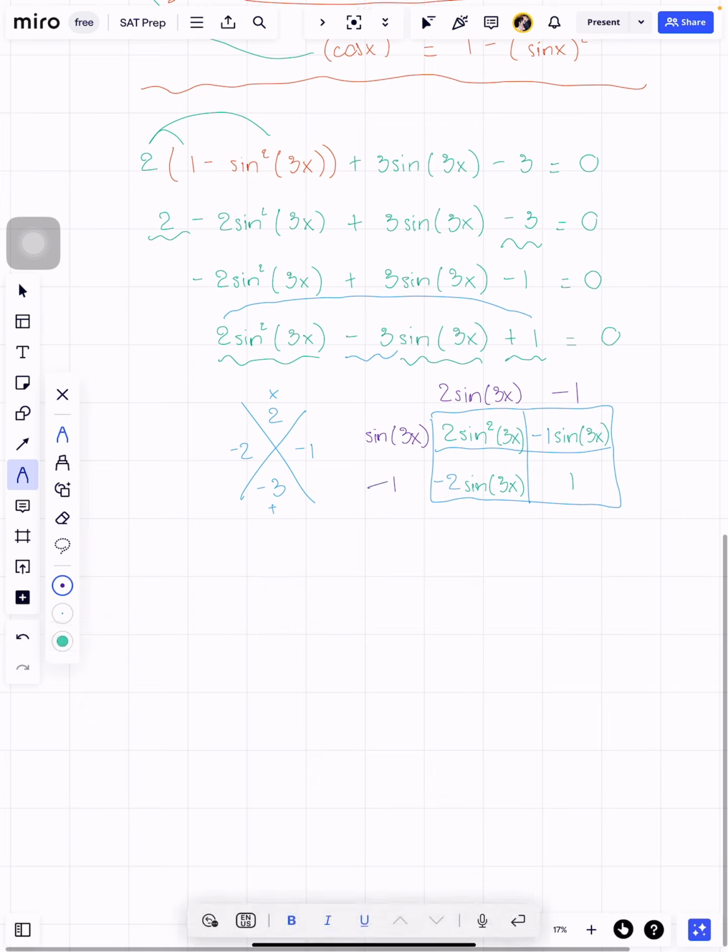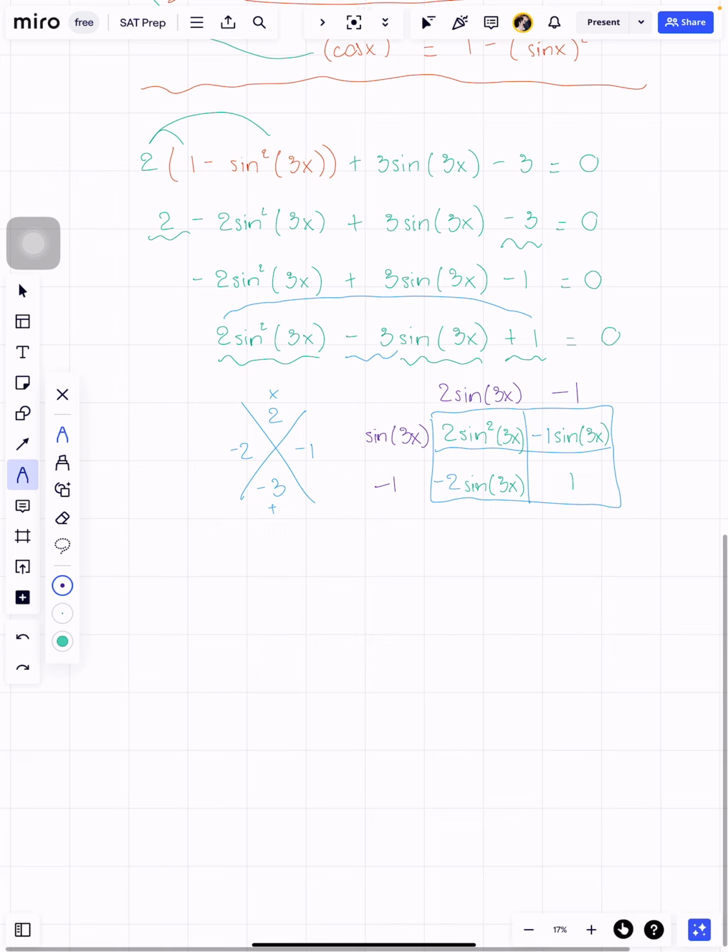Which one is easier? I'm thinking, let's try to make the +1 to be -1. So then this box is checked. 2 sine 3x times -1, we do have a -2 sine 3x. And then how about this one? -1 times -1, we do have a +1. So we're good to go.